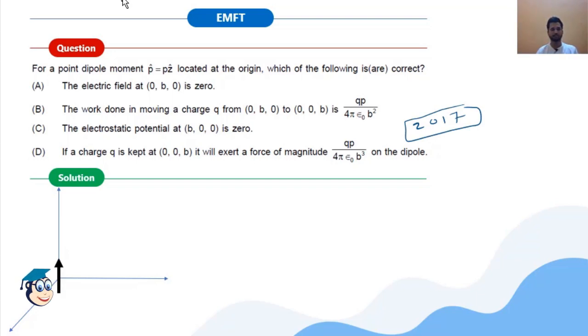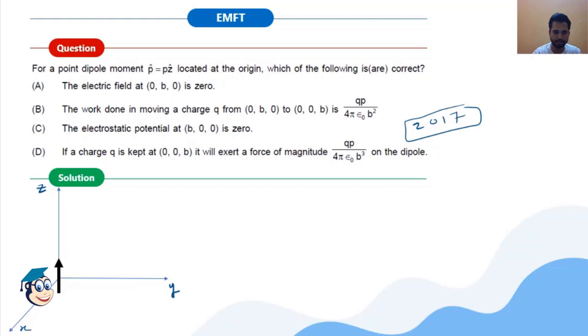The question says, for a point dipole moment P equal to P z cap. I have drawn the axes here, x, y, and z, and the dipole has been put in the direction z cap.